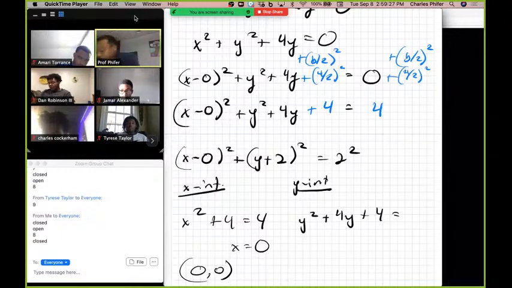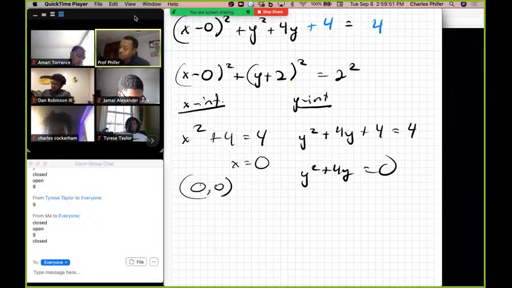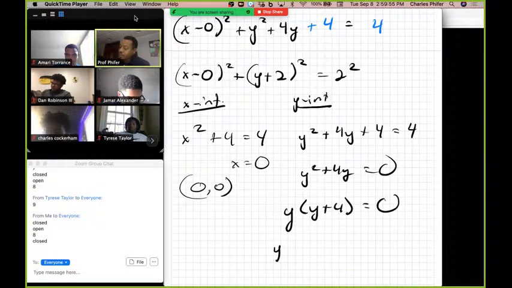If we keep going, we're going to get y squared plus 4y equals 0. We can factor. We get y times y plus 4 equals 0. So then either y equals 0, which is the origin, or y equals what? Negative 4.